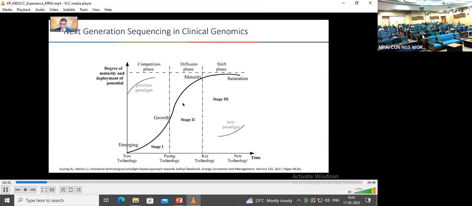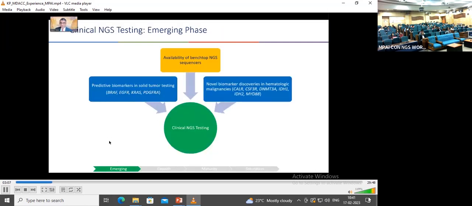Right now, I consider that we are somewhere in the growth and maturity phase, but definitely not in the saturation phase as it relates to next generation sequencing. I'd like to draw some parallels here and show our journey through the different phases, so we can follow along from emerging to growth to maturity in the next few slides.